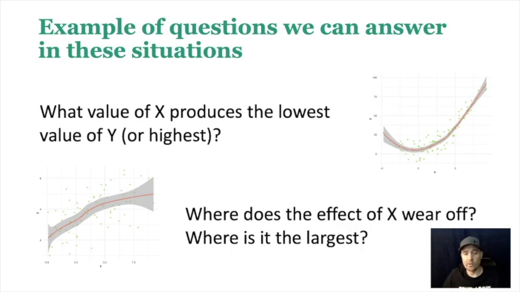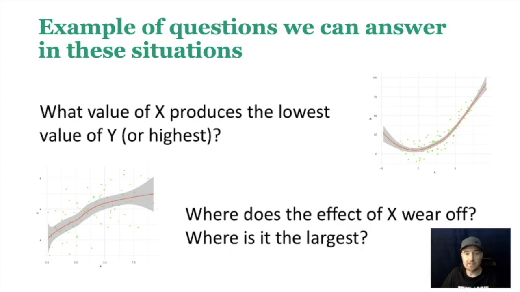These are really important questions, especially as you get into situations like dosage effects. If you're looking at an intervention and you want to be able to say, it's about this much that you need in order for it to really give you the benefit. But anything more than that doesn't really help a whole lot more, so it flattens out.